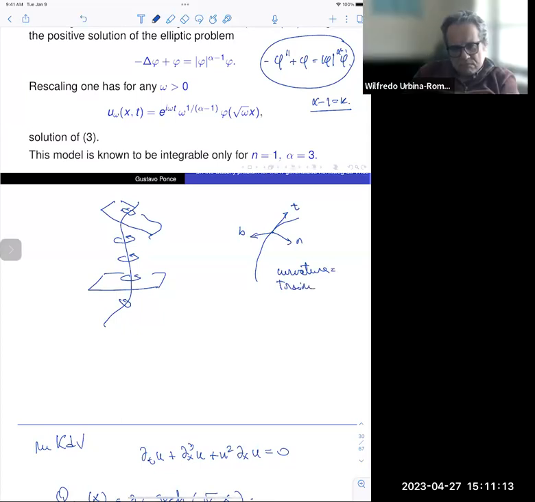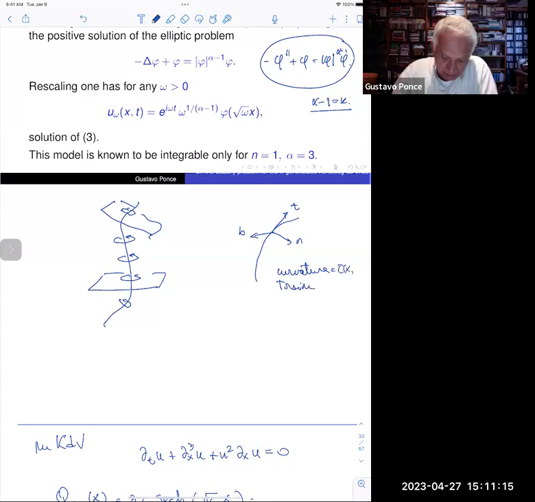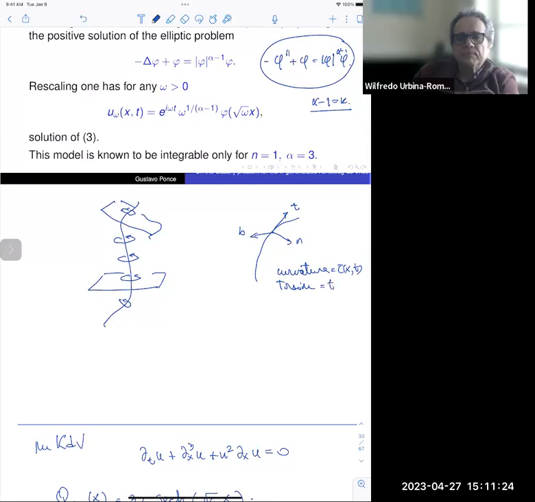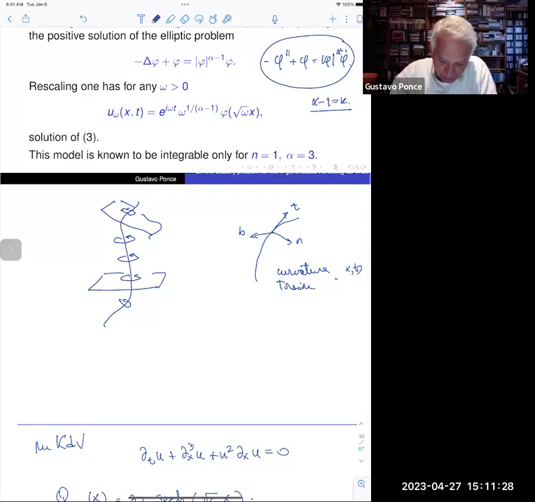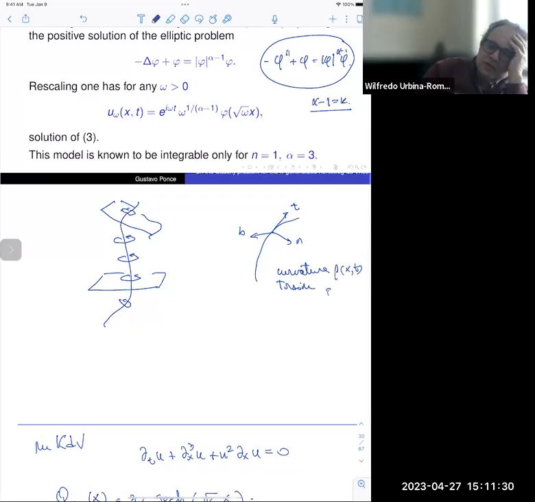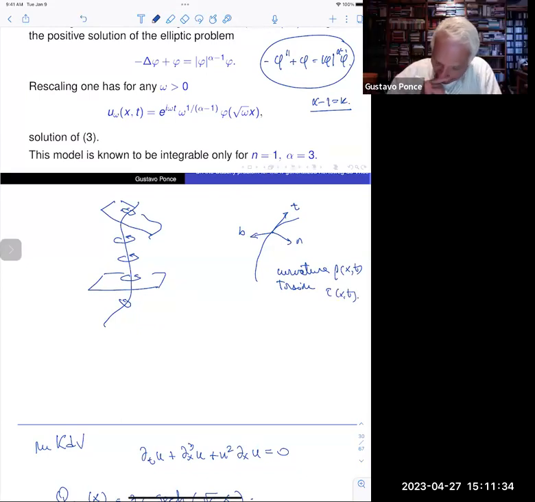The curvature is usually k, and the torsion is r.